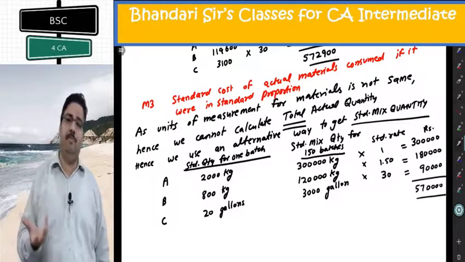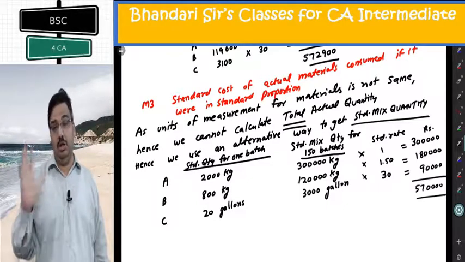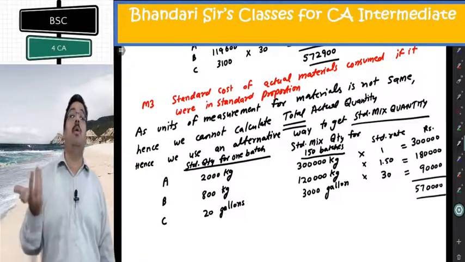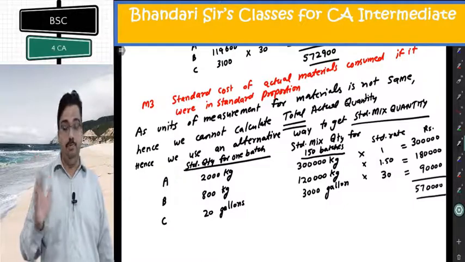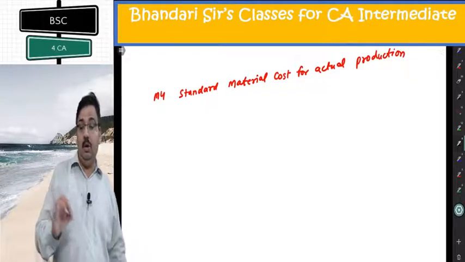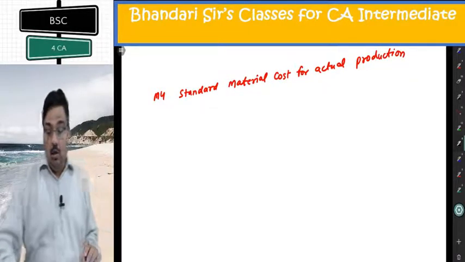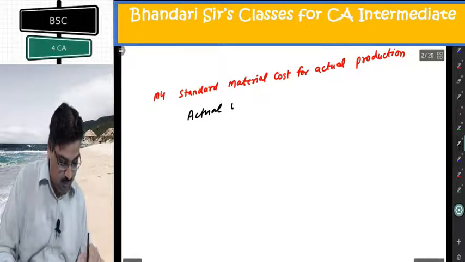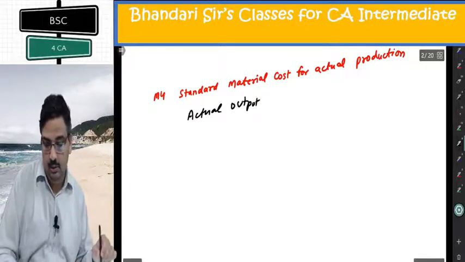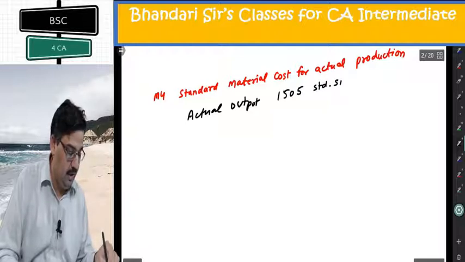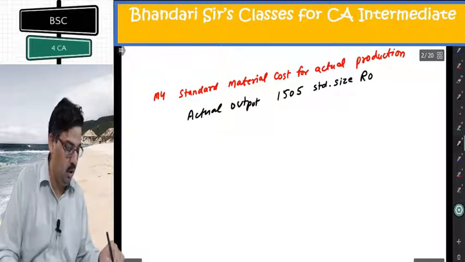Nothing difficult, very simple. Once you understand batch concept, do not apply this concept unless there is a problem of computing total actual quantity. M4 is special here. M4 is something to understand again. Now, actual output is given as 1505 standard size rolls.